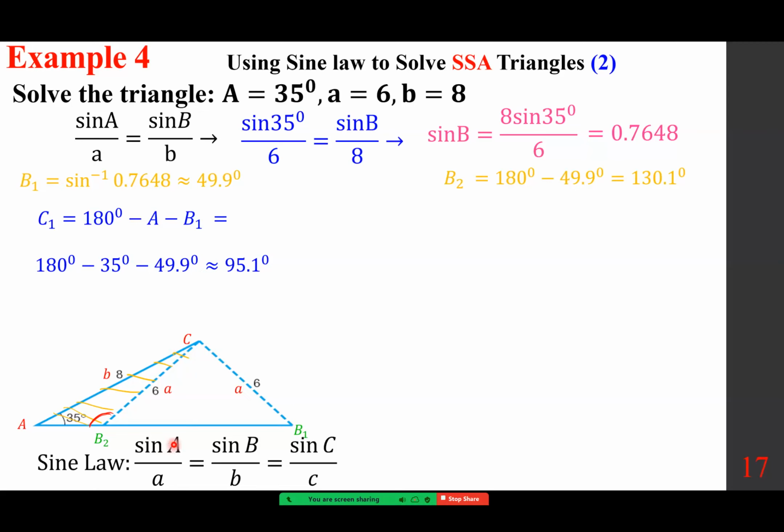Sine A over a, that means sine of 35 over 6 equals sine B over b, or sine C over c.